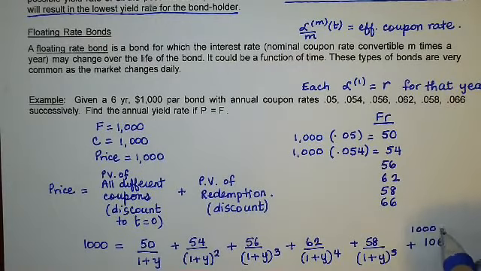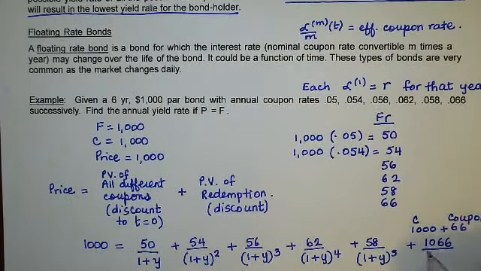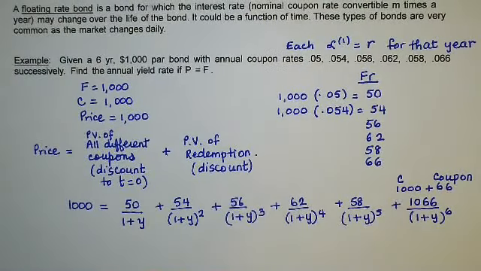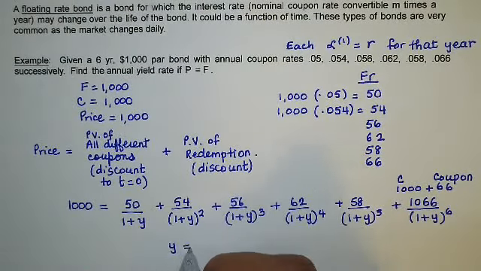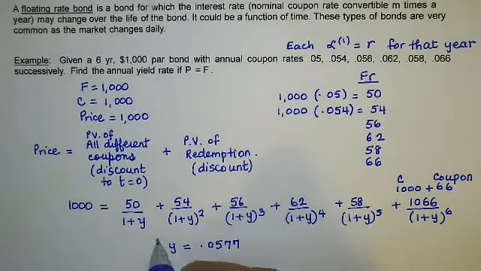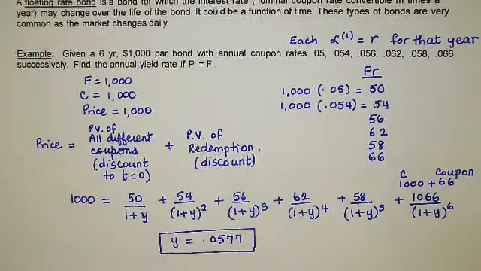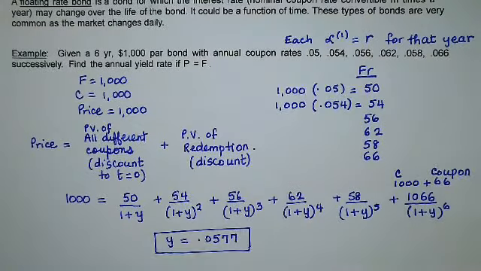So 1,066, which comes from 1,000 plus 66. Here's the C, the redemption, and here's the coupon, over 1 plus y to the 6th power. Stick this in your calculator, solve for y. Y turns out to be 0.0577. Hope this is clear.